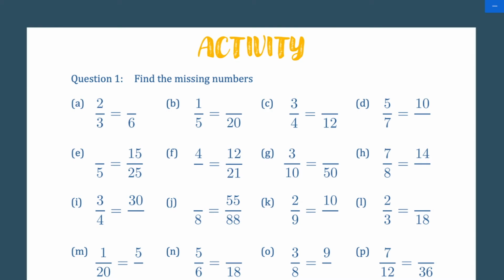I'm going to give you a few minutes to work out these things. I have done the first 2 for you, and after that I'm going to give you the answers so you can mark them. Good luck and start working.